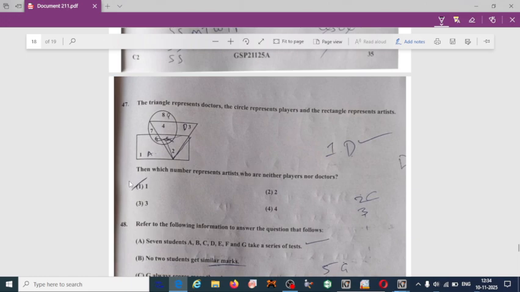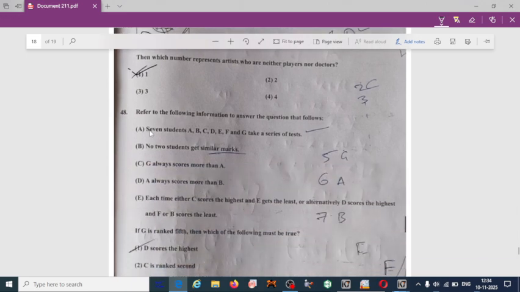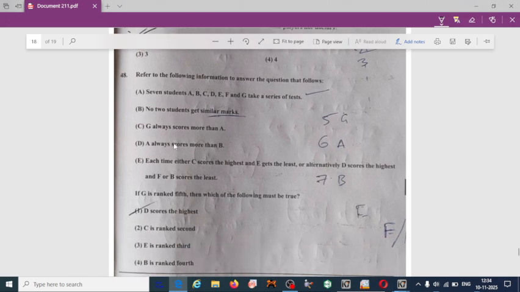So here the correct answer is option 1. Okay. Refer to the following information to answer the questions that follow. 48. D scores the highest. Just read this question carefully. So the correct option is 1.